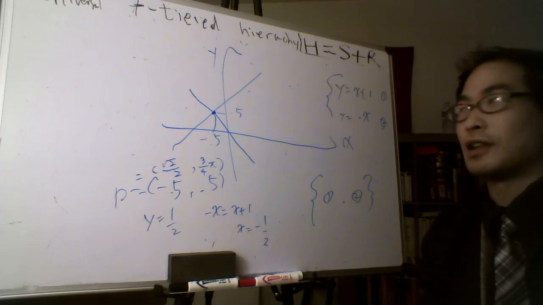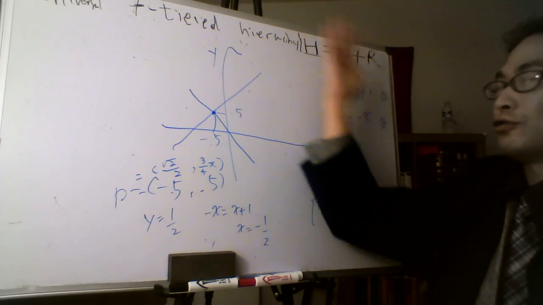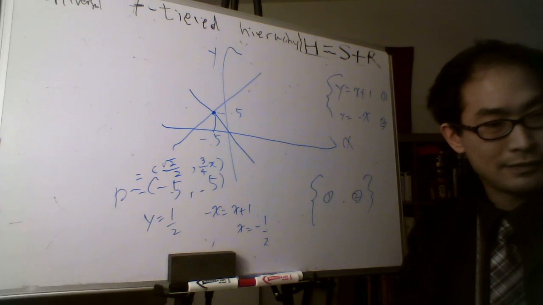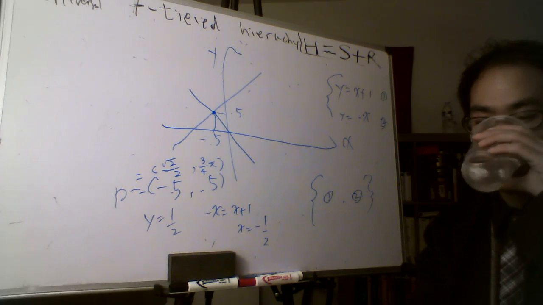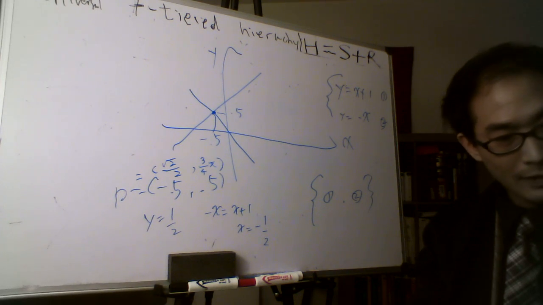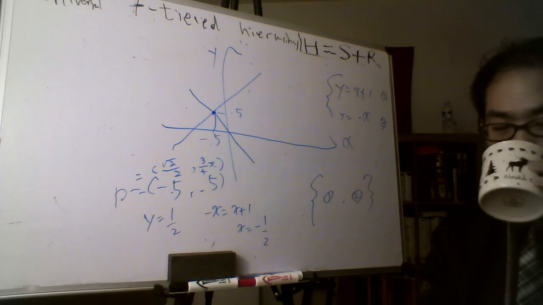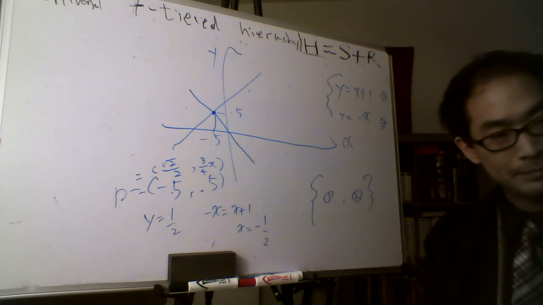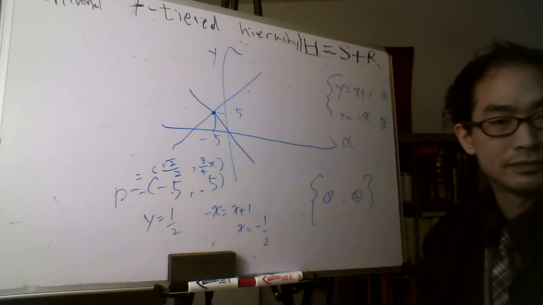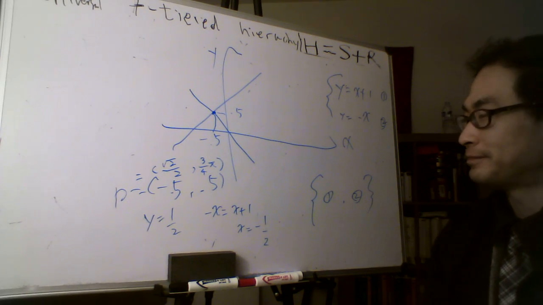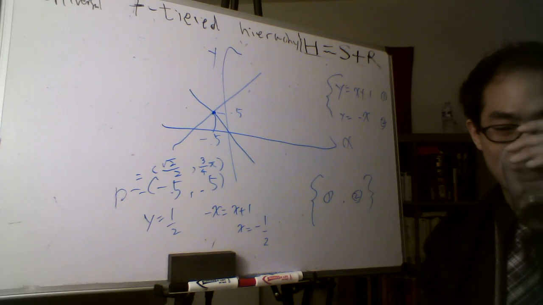Come up with an equation that defines the entire two-dimensional space. It shouldn't be that hard if you know mathematics. I'm being very generous.